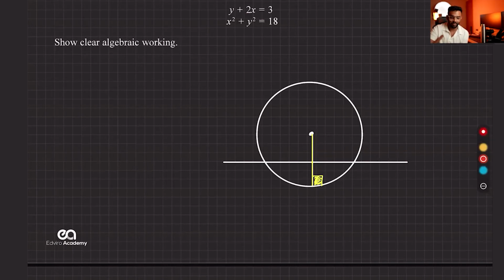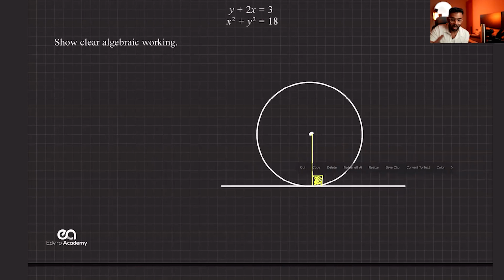But to prove it's a tangent is by showing there is only one intersecting point, one solution. Then it is a tangent for sure. Because a tangent is a line which will touch a curve or a circle only once, not twice. Did that make sense, guys?